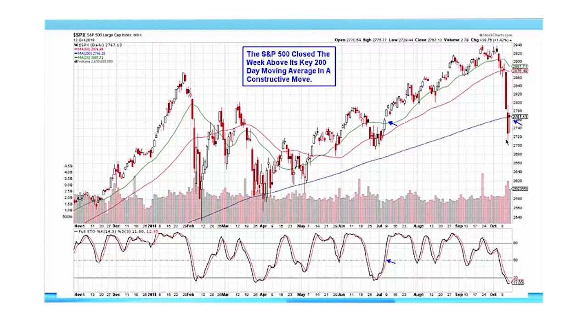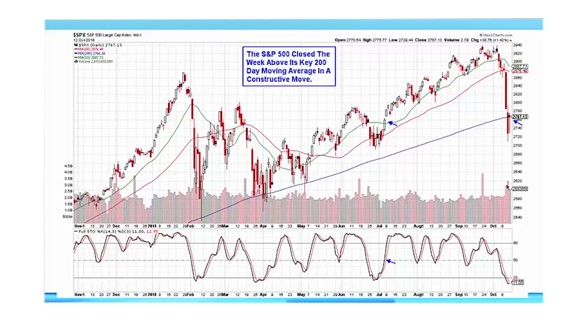And of course, from there, we did go on to break even that longer term 200-day simple moving average again on big volume. Even if we go back to this January-February sell-off, we only had a very brief undercutting of that 200-day simple moving average. So last week's break below it was concerning, to say the least.